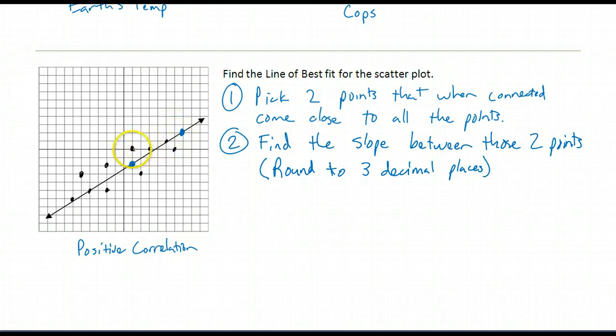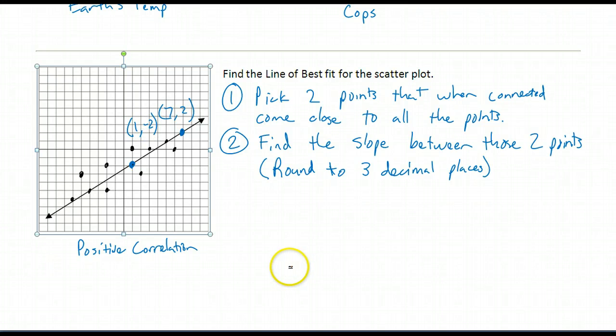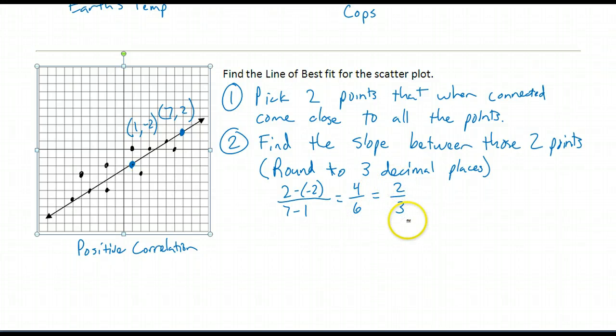So in this problem, we have the ordered pairs 7, 2 and 1, negative 2. To find the slope, I'm just going to use the slope formula. 2 minus negative 2 over 7 minus 1, which is 4 over 6, which is 2/3.